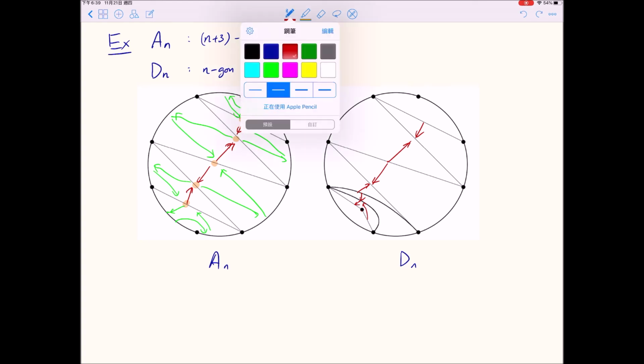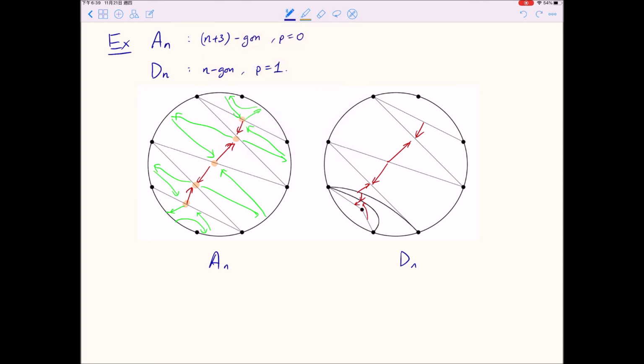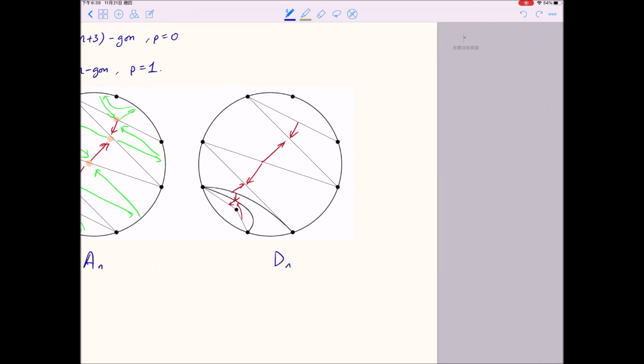There are more examples where it is not of finite type. So we have the following lemma. Assume we have an n-cycle.